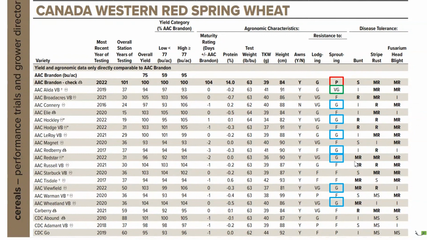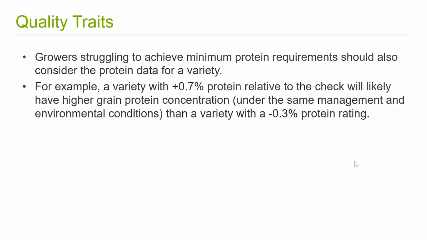And the final quality trait we have is data related to protein requirements, or protein ratings, I should say. Now, growers are starting to have problems achieving minimum protein requirements. And if you are struggling to get your 13.5 protein, this is a column of data you need to be looking at.